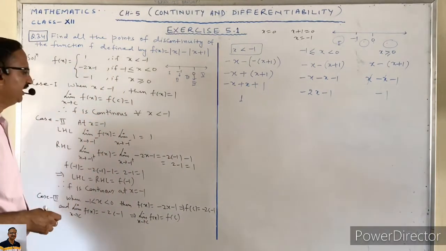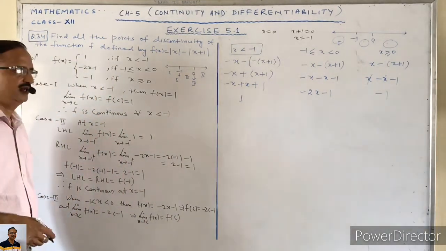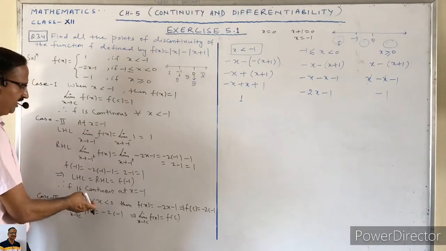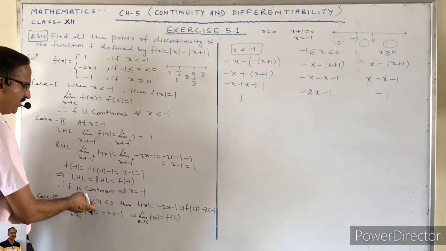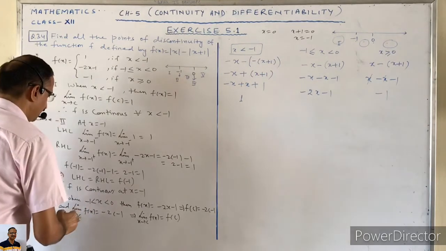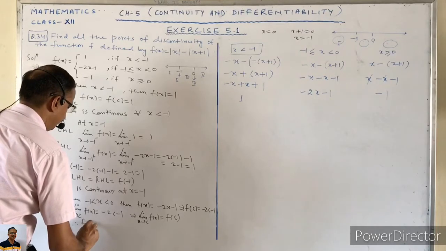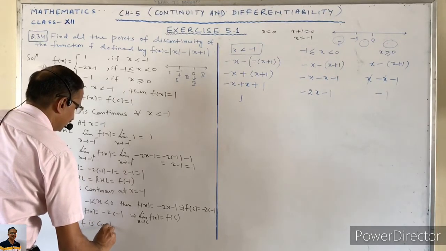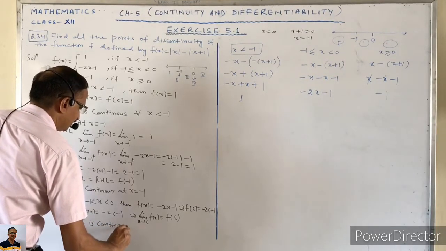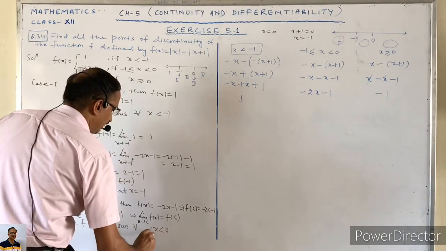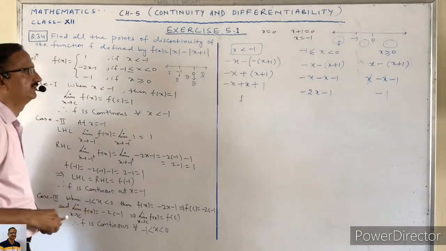So we can say that this function is continuous in this interval from -1 to 0. Therefore, we can write f is continuous for all x less than 0 and greater than -1.